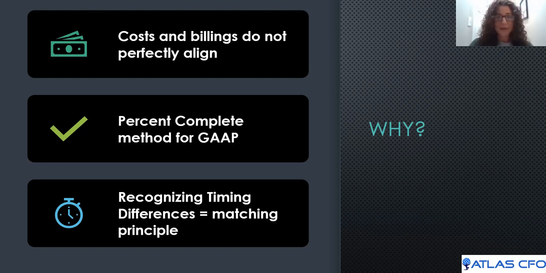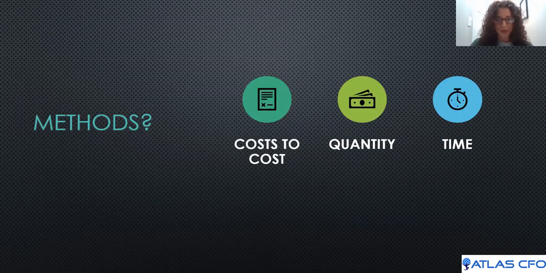All of this really wraps up into a timing difference. And whenever we have a timing difference between our costs and our billings, we have to have some way to reconcile it. So this method, this percentage of completion method, gives us the ability to then take our financials and get them all the way matched out so that we can produce GAAP financials.